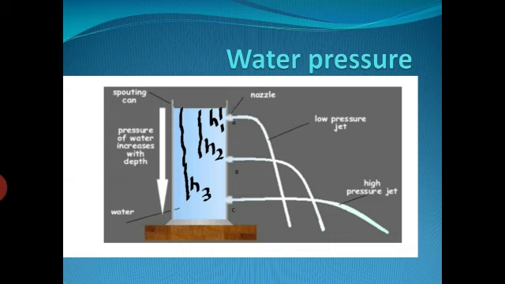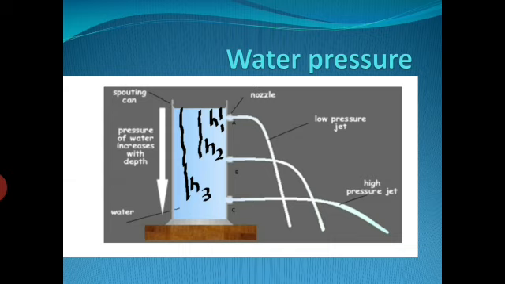Now coming toward opening B, from the uppermost layer up to opening B, we call it H2, and H2 is more than H1, and you can see clearly that the water pressure is also more from this opening.